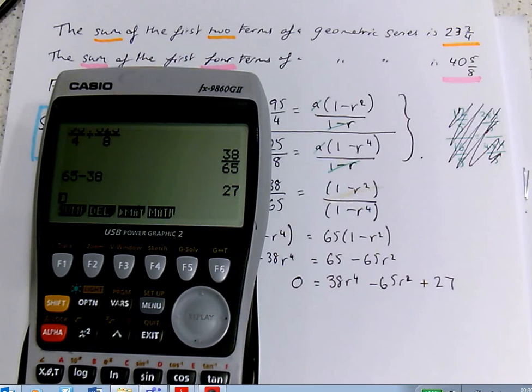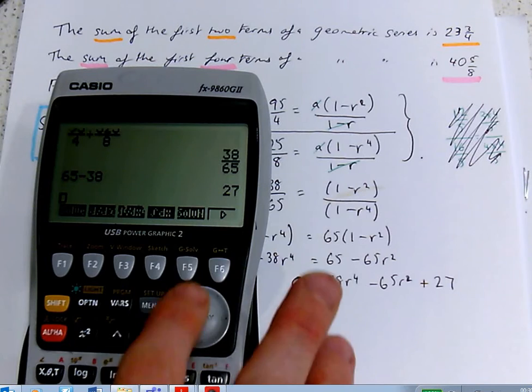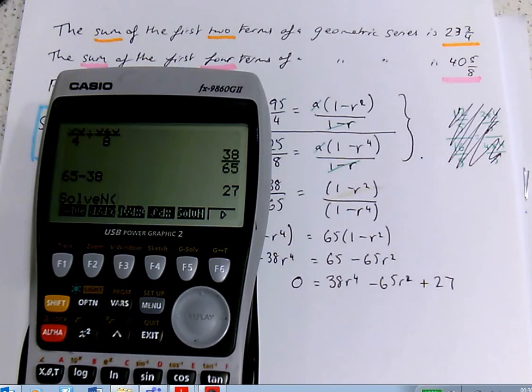Or in run mode you can press options and calc and then solve, and we're going to type that equation in. So I've got 0 equals 38x^4 - 65x^2 + 27. I have to tell it what the variable is called, and it's called x.